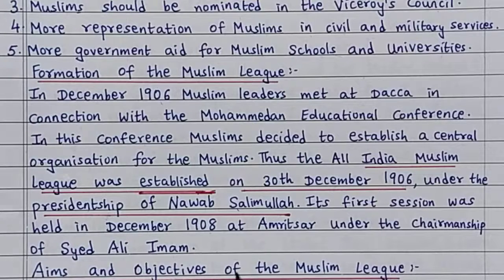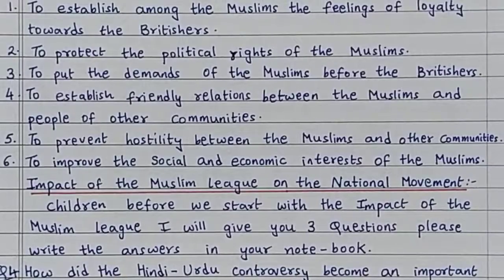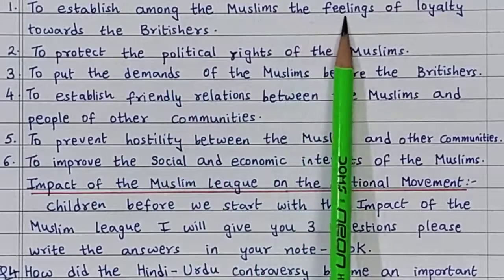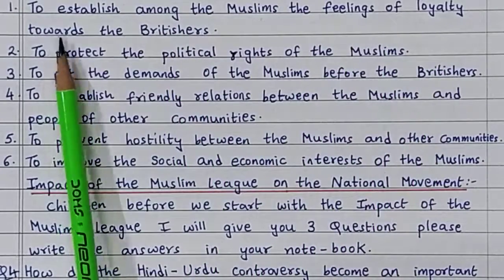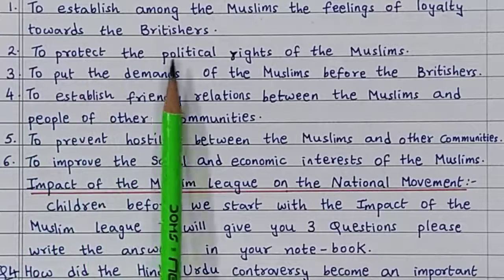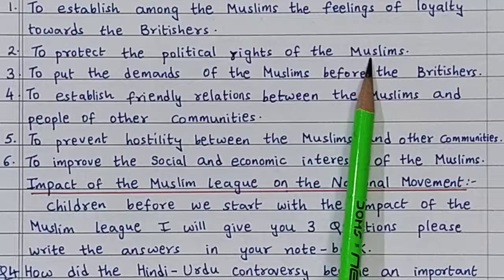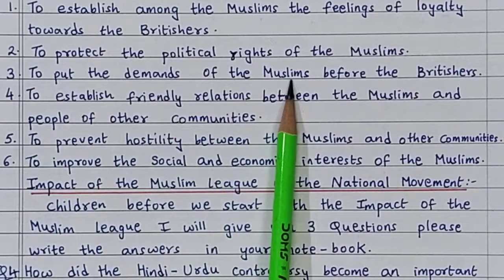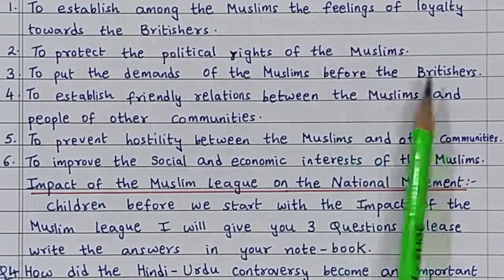Aims and objectives of the Muslim League. Number 1. To establish among the Muslims the feelings of loyalty towards the Britishers. Second, to protect the political rights of the Muslims. Third, to put the demands of the Muslims before the Britishers.